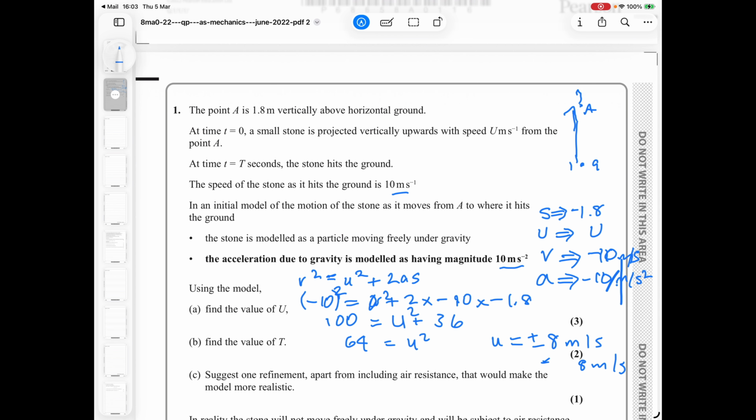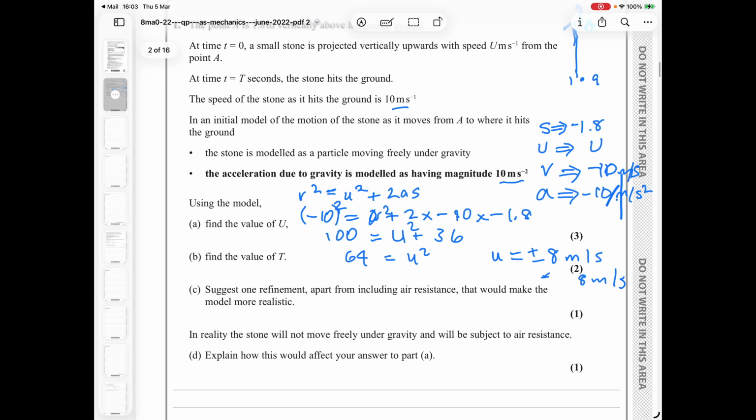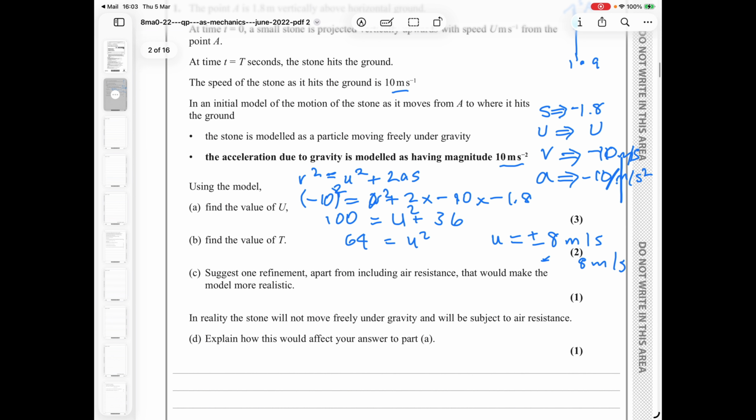Okay, now the t value. The value of t, we're going to write all this out again. So now if we go through and do suvat for this, S is still going to be 1.8 meters, except we don't really know how far it's gone because it's going to have gone up a bit and gone down.